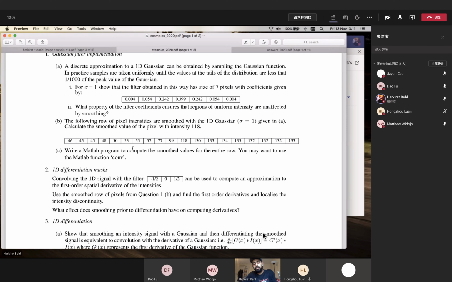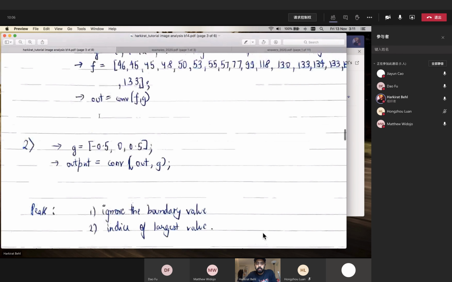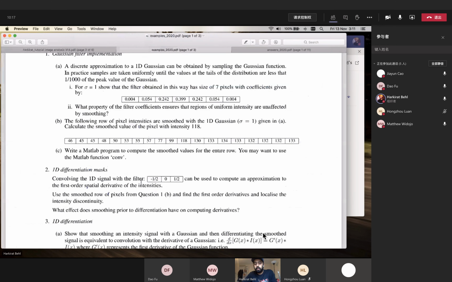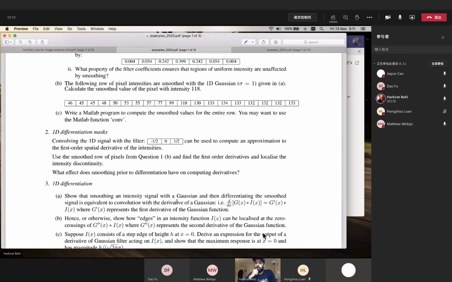So you will apply this filter on top of the output of this. That also remains a simple thing. Basically, let's say the output of that was out, and my final output will be the conv of out with g. So g here is minus 0.50, which is basically the derivative filter that I have here.